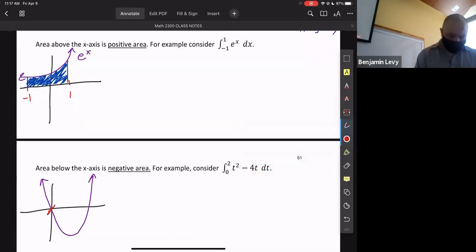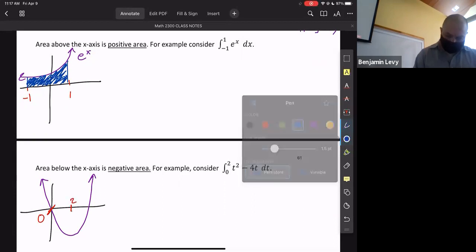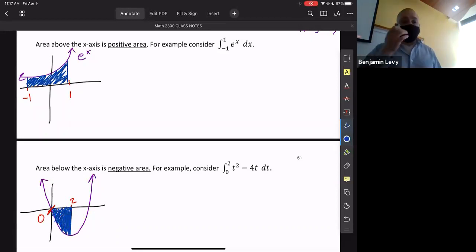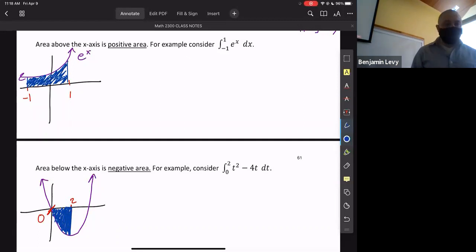So 0 is right where it starts to be negative, and 2 is right in the middle. And so we're going to end up finding this area. Just visually, it's all below the x-axis, and so if it's all below, then it's going to end up being negative.